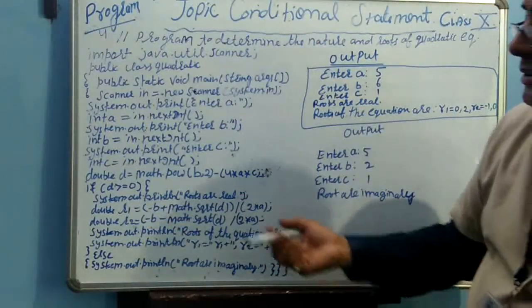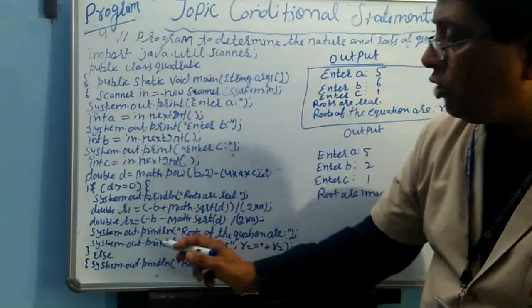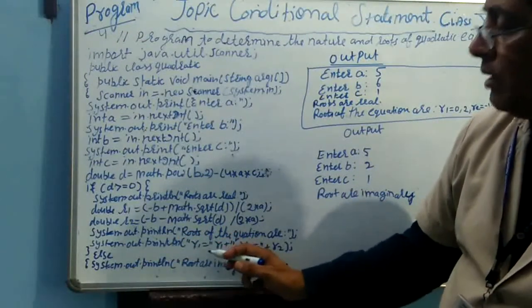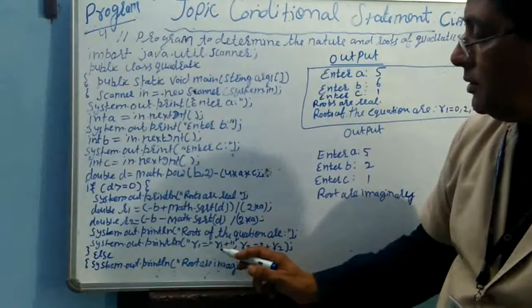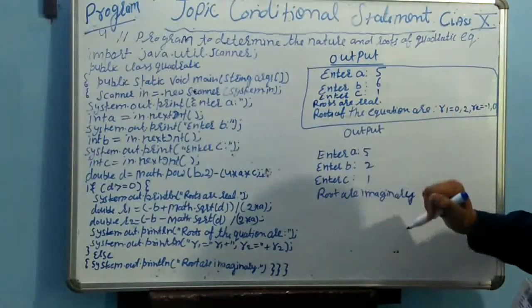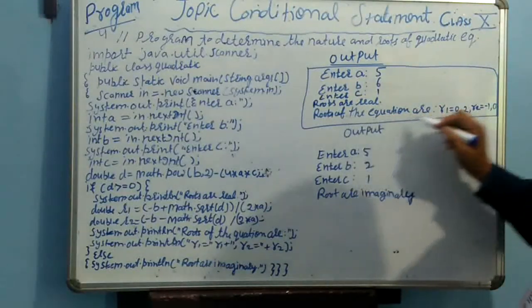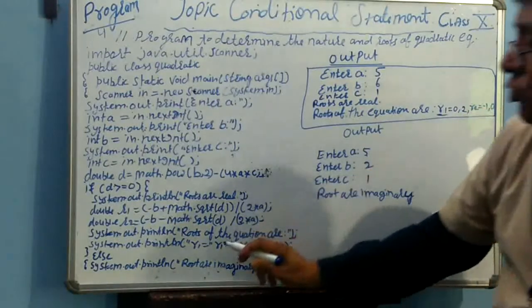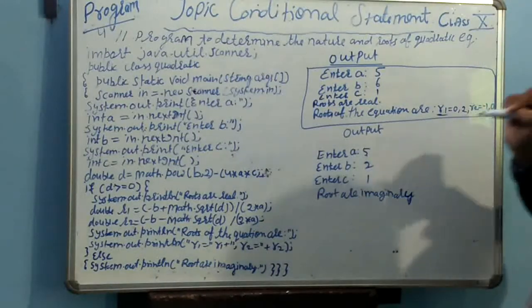What it will print? System.out.print r1, the value of r1 it will print, and the value of r2 will print.